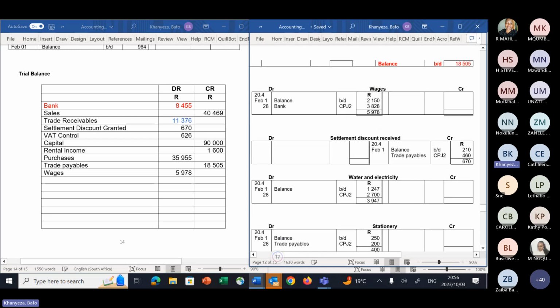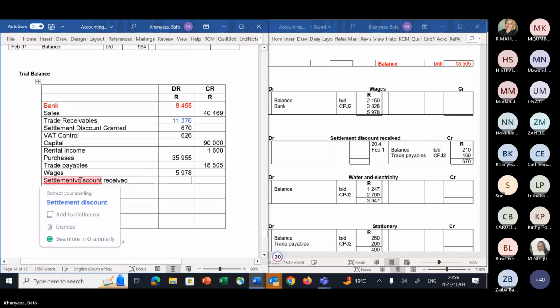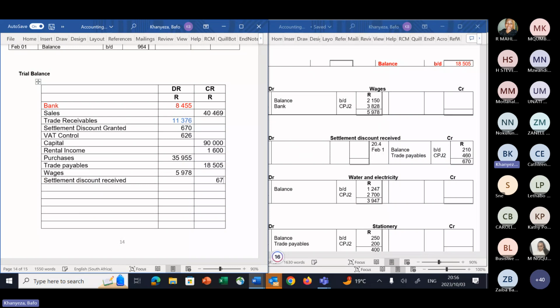Then you have settlement discount received of 670.